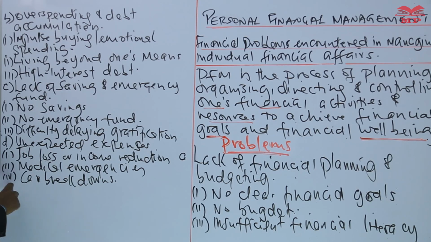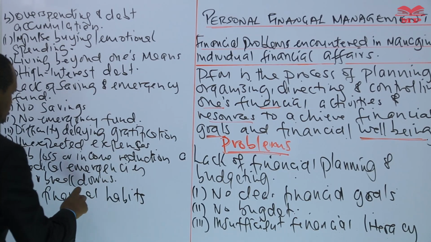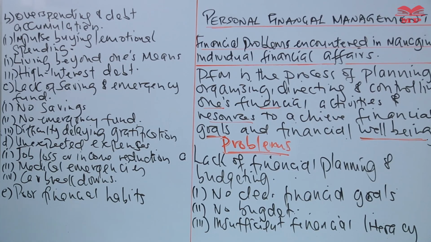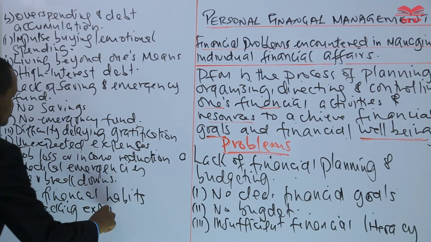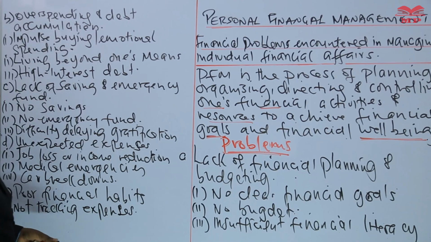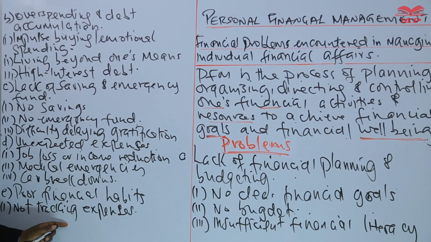Number 5, poor financial habits. Poor financial habits like not tracking expenses. It's very possible for an individual not to know or to track his or her expenses. That is a poor financial habit.